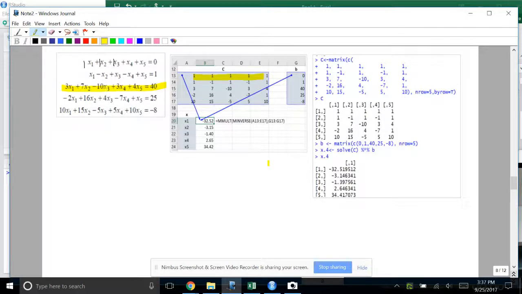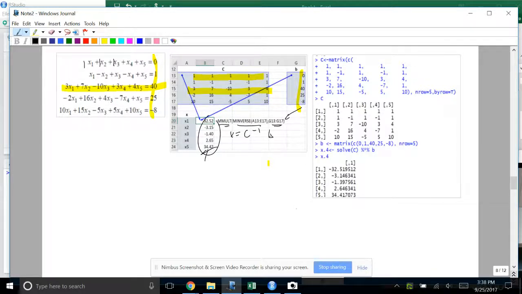And for the third row, we get the 3, 7, and 4. And then we have the B over here. All right, so what we did is the matrix multiplying the A inverse, or I guess I call it C in this case, matrix C inverse times B. And that will give me my vector of x's. Right, so it works in Excel using that.